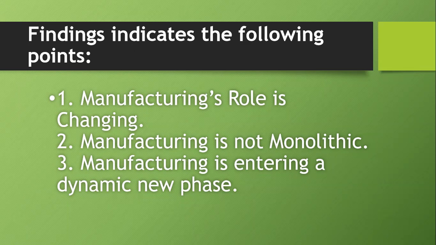So number 3, guys, is manufacturing is entering a dynamic new phase. So, meaning, from the scratch, like for example, kaning tissue, dili ni siya inani ang dagway sa mga raw materials niya. So, gikan pa ni siya sa kahoy. So, daghan pa siya og process para makabuo siya or mahimo siyang tissue. So, inana siya, guys. So, that's why manufacturing is entering a dynamic new phase.